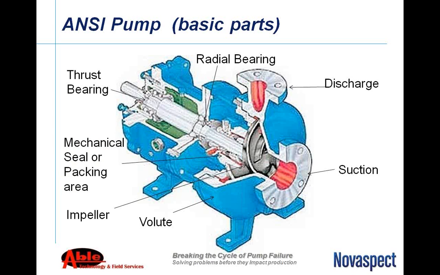And typically you have a mechanical seal or packing area in the pump. Inside here, these bearings will typically either be greased or oiled. The majority of them are oiled.